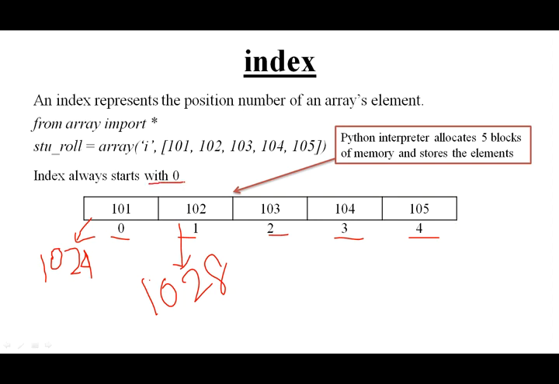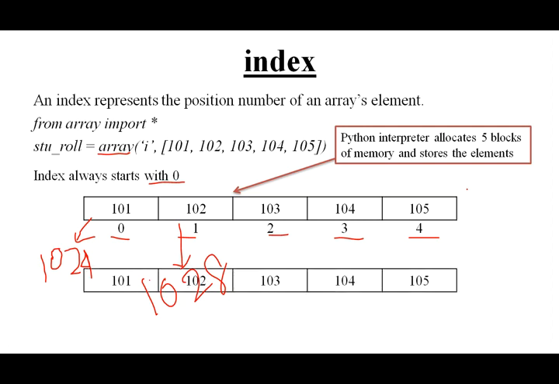Index always starts with 0, and this is the array function that we use. I will show you later how to use this array function. Here it is showing that the Python interpreter allocates 5 blocks of memory and stores the elements. We have created one variable, stu_roll.